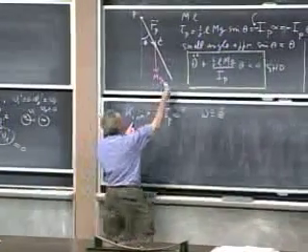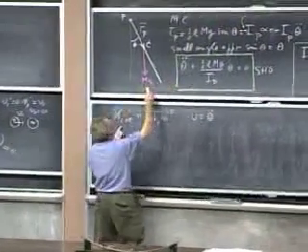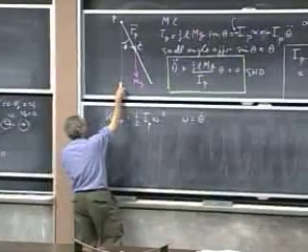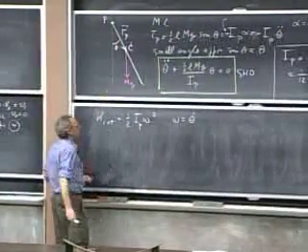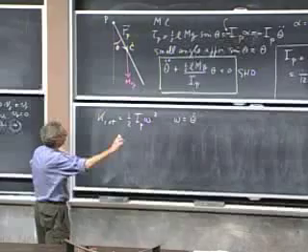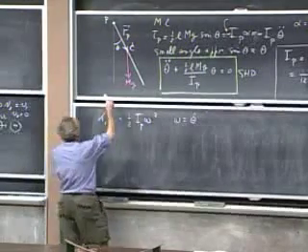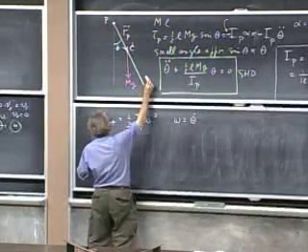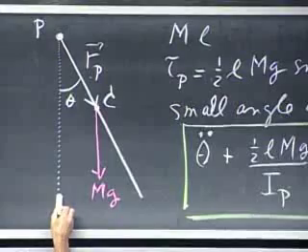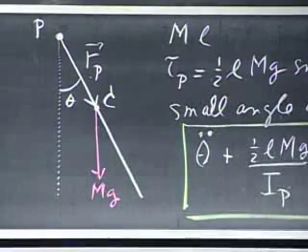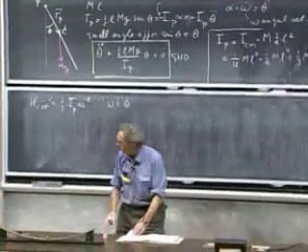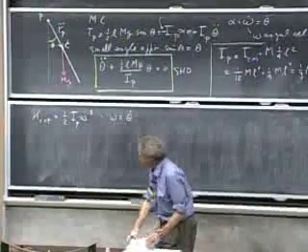It will be 0 when this comes to a halt, and it will be a maximum when it is here. It's a continuous conversion from gravitational potential energy, which is a maximum here, to kinetic energy, which is a maximum here. And so this will obviously change with time, the kinetic energy of rotation.